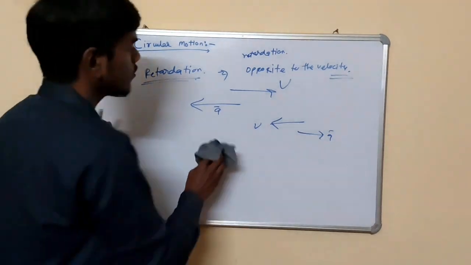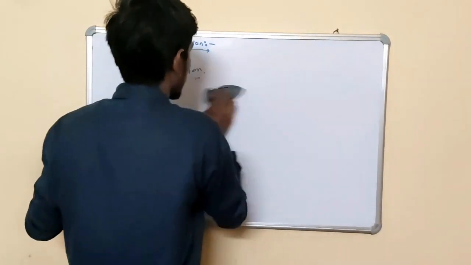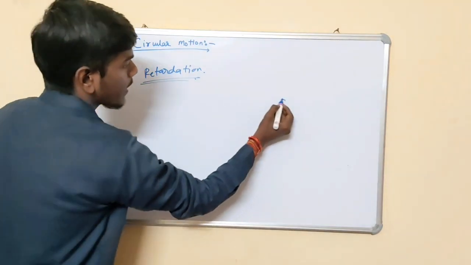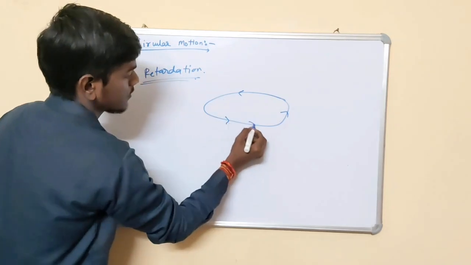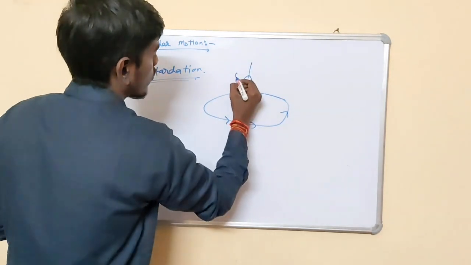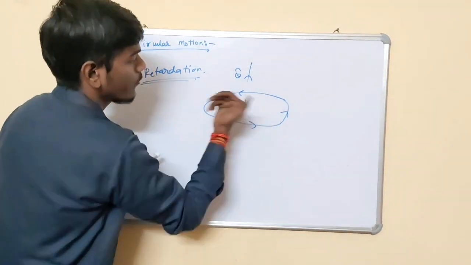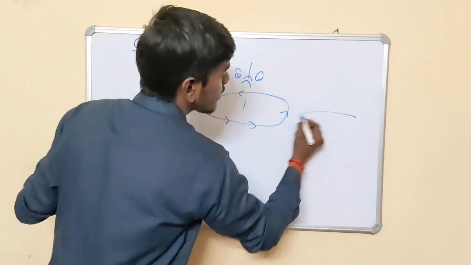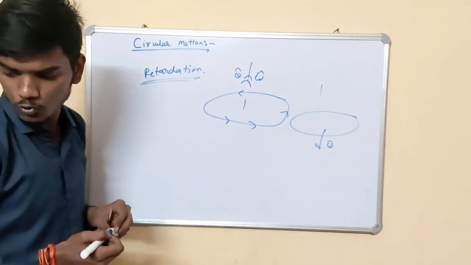Now let's jump to circular motion. Suppose our particle is moving like this, and the direction of theta is like this. If you want to speed up, if you want to increase the velocity, then omega will be along this, and if you want to decrease, omega will be opposite to this. So this may be understood.